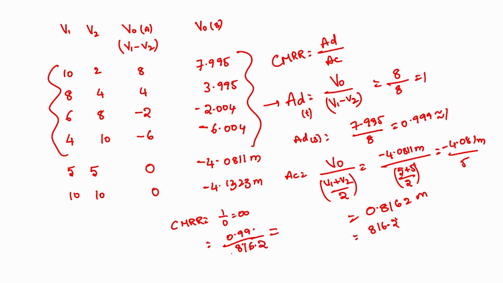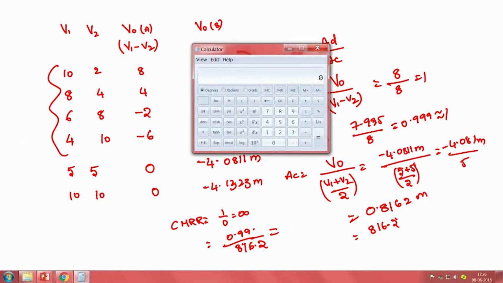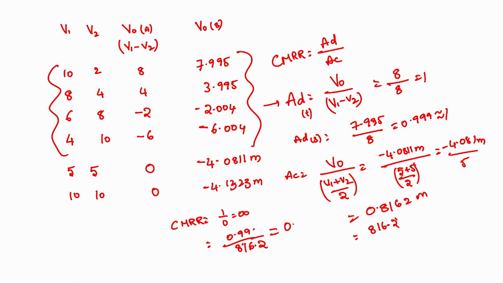So the value is, let me take a calci, 0.99 divided by 816.2, which is 0.0012.